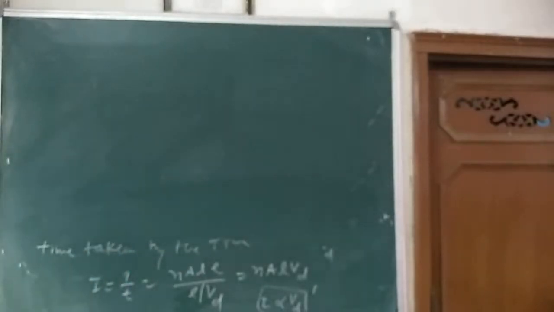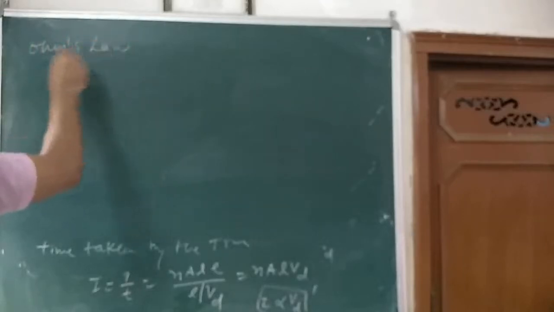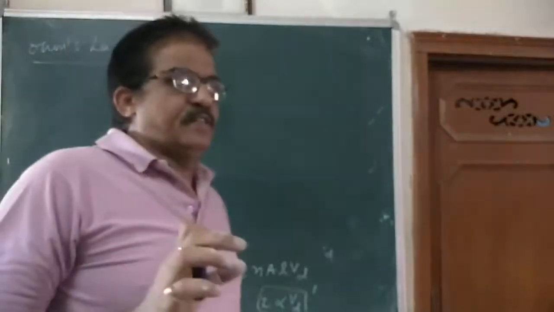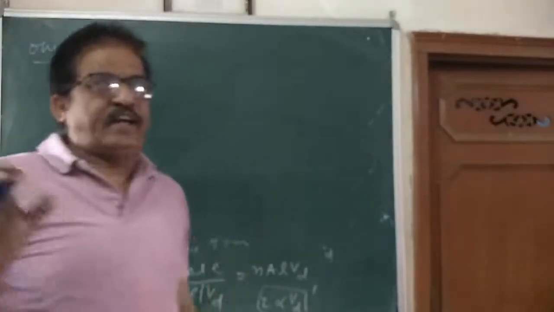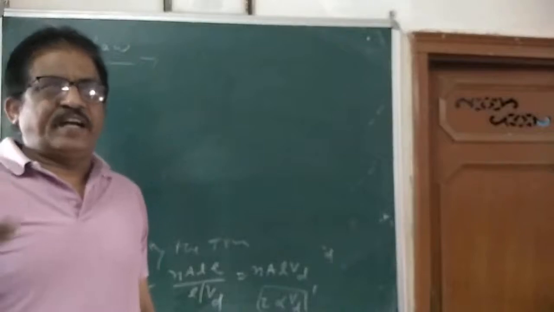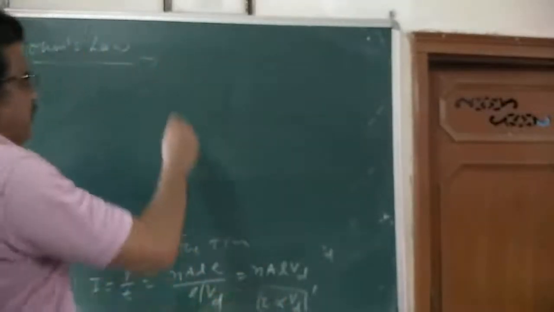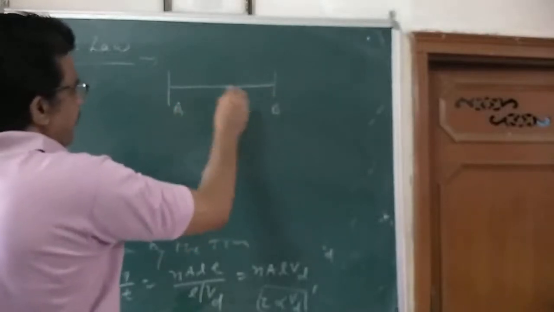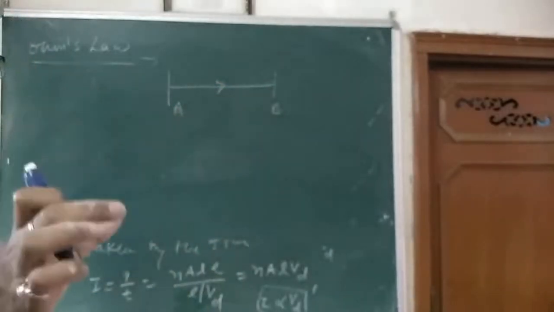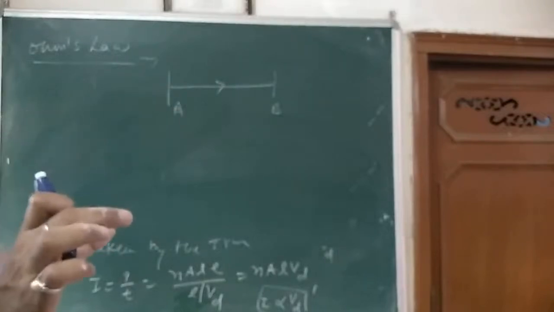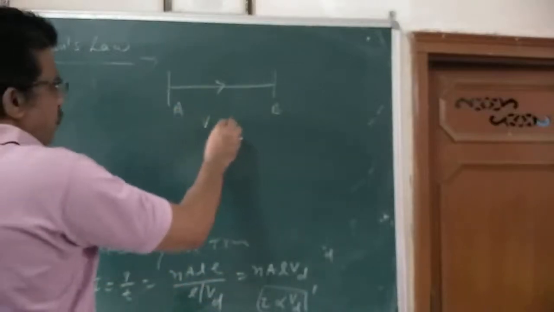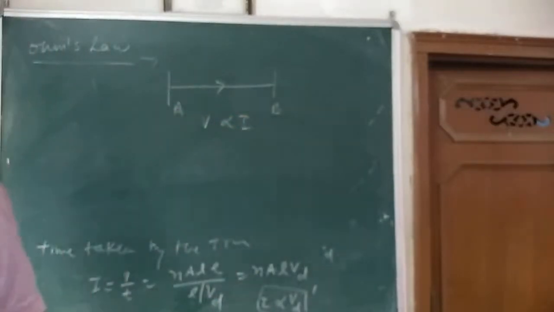Now, I want to explain here what Ohm's law is. We have already learned in 10th class that when the physical conditions like temperature etc. are kept constant, then the potential difference between the two ends of a conductor is directly proportional to the current flowing in it, that is V is proportional to I. This is called Ohm's law.